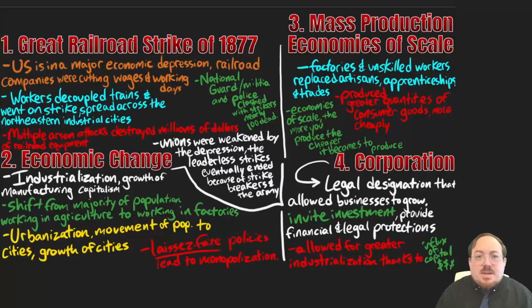And so in economics, you have this term economies of scale, where the more you produce, the cheaper each item becomes. And so while factories are very, very expensive to start up, once you start producing, you can produce your product a lot cheaper than one person who's producing a shoe at a time.